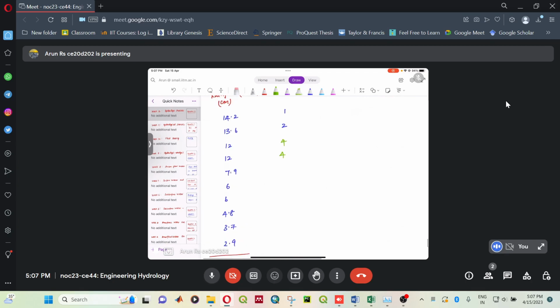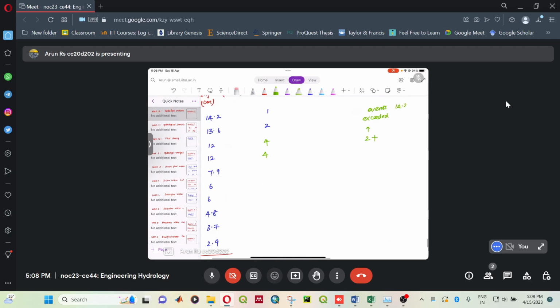So the calculation is how many times it is equaled or exceeded. Greater than 12, we have 2 events, that is already more, and equaled is twice. Events exceeded are 14.2 and 13.6.